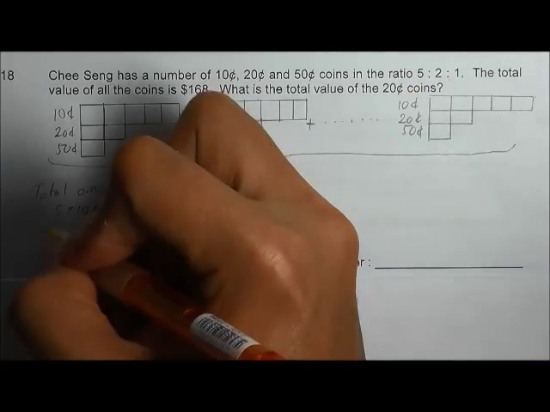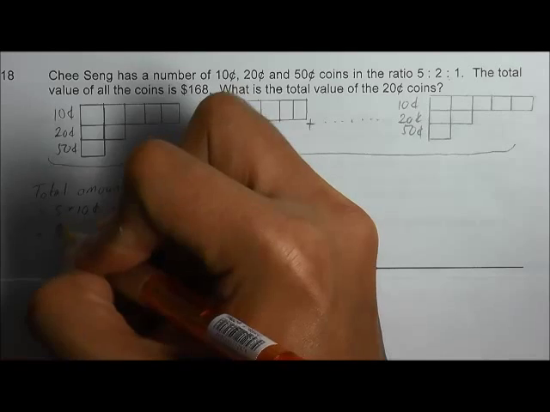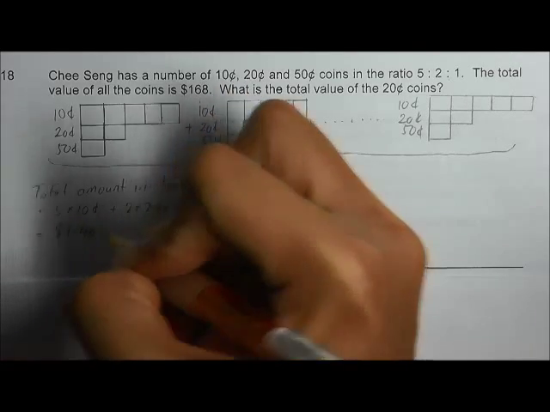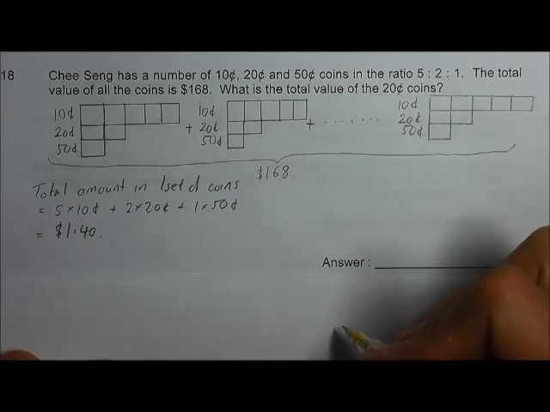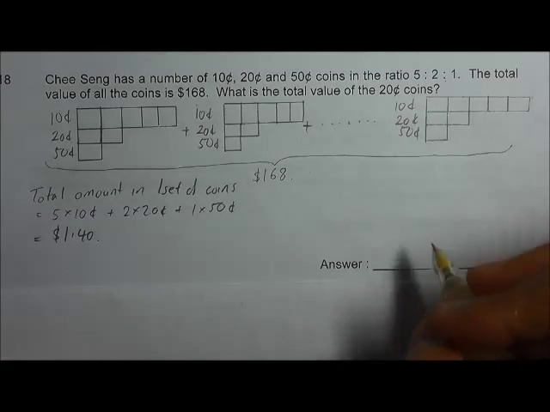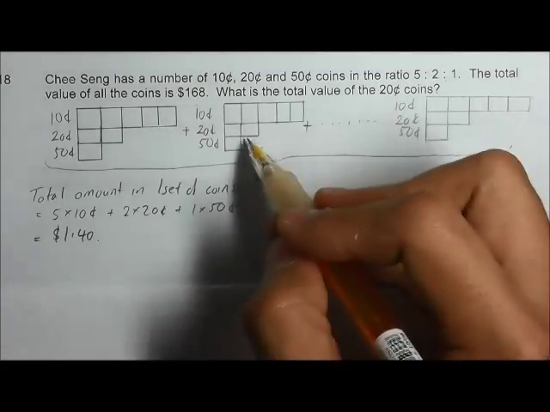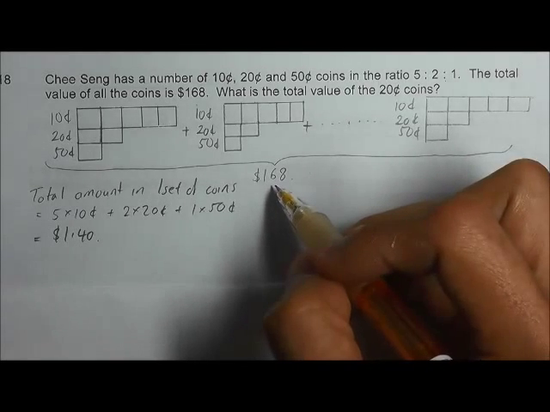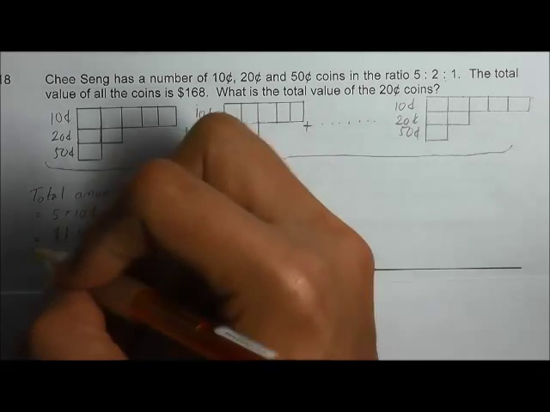So that will give us $1.40. Okay, and we can find out how many sets of coins are there in $168.